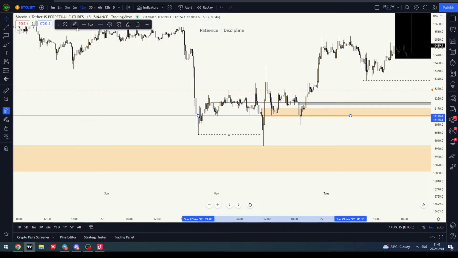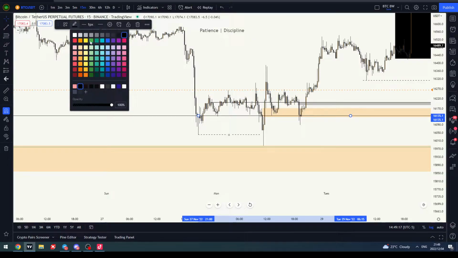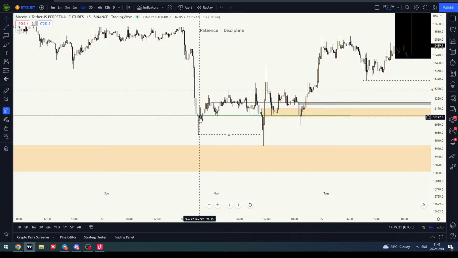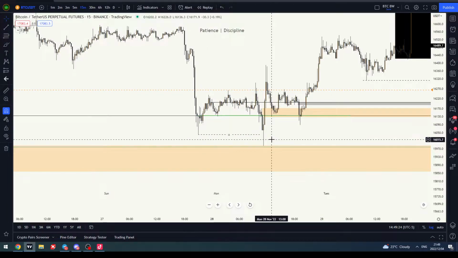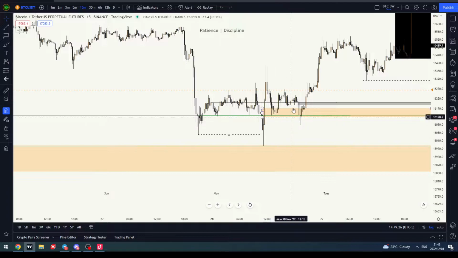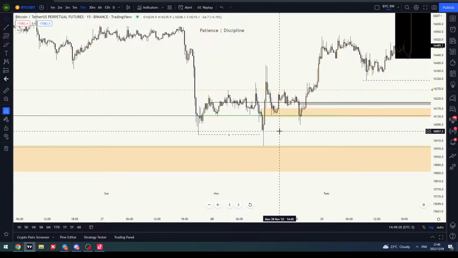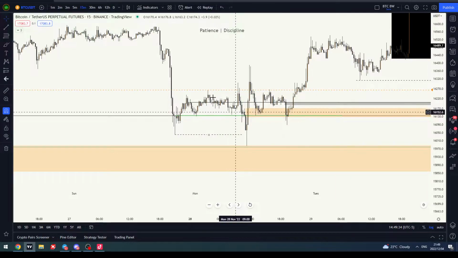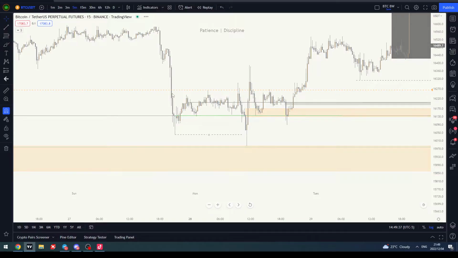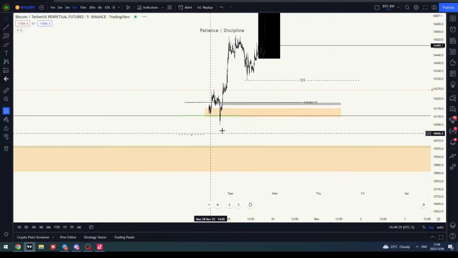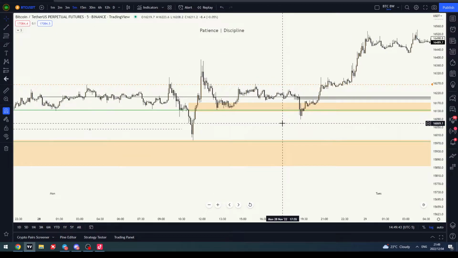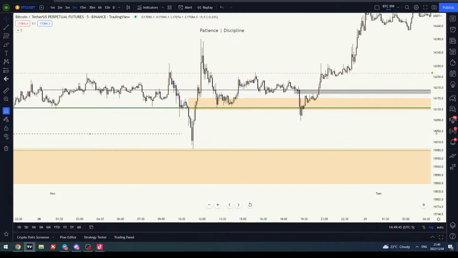I'm going to darken that up, make it green, which is basically the order block before the liquidity run. Now we need to look for any signs of fair value gaps which could have formed in here, and I'm not seeing anything on the 15-minute time frame. Let's go lower, because there would be something down here. Yeah, here we go.